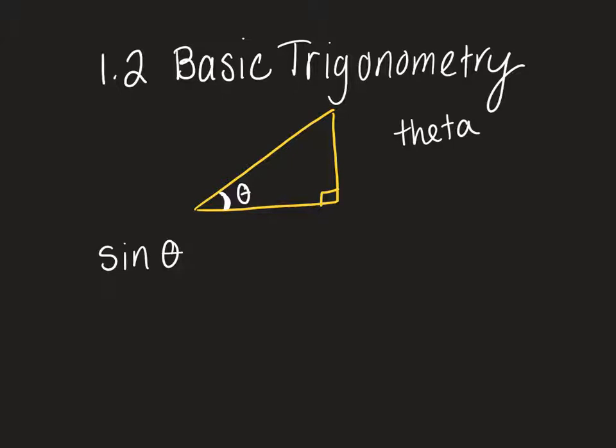So it's going to be the opposite side. So the side across from it. So that's your opposite side. Right? The one that touches the angle is the adjacent side. And then the one over here is still your hypotenuse.